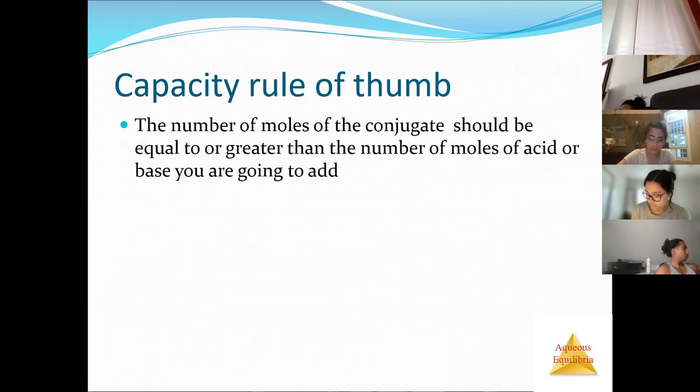Rule of thumb: the moles of the conjugate base should be equal to or greater than the moles of the weak acid. The moles of the conjugate must be equal to or greater than the number of moles of acid or base you're going to add. Just a general rule of thumb.